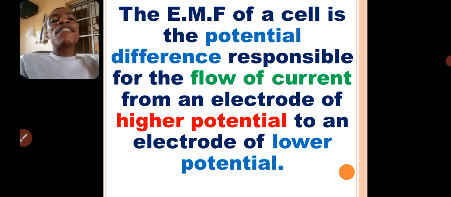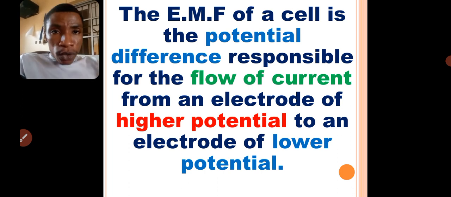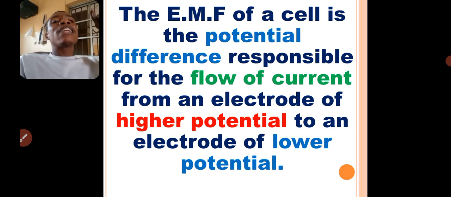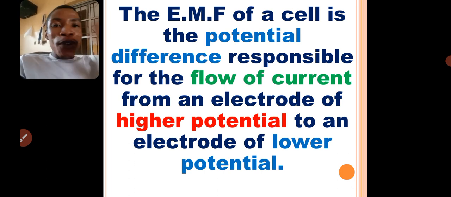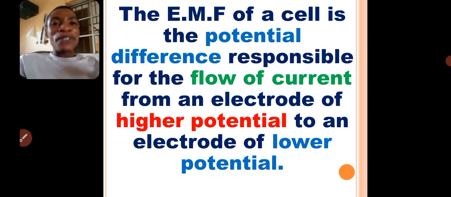The potential difference responsible for flow of current from cathode to anode, or if you like, the potential difference that is responsible for flow of electron from anode to cathode. Take note of that. That is what is called the electromotive force of that cell.